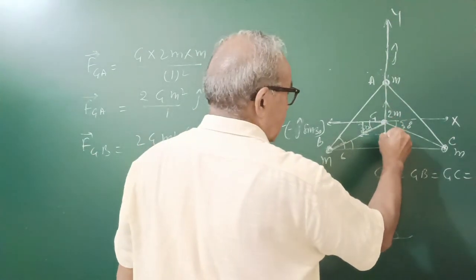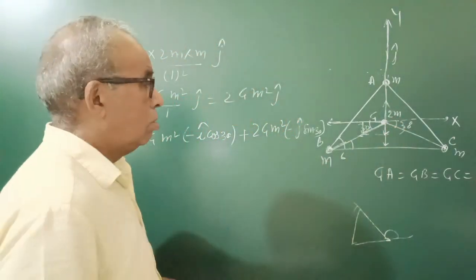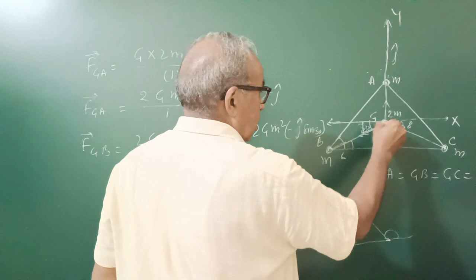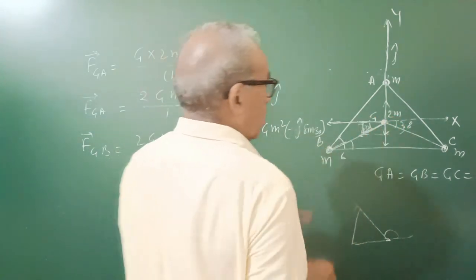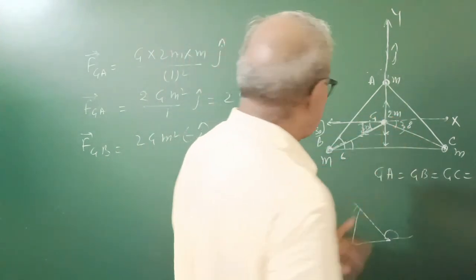The components are: this component is F cos 30, this is F sin 30, where F is this.